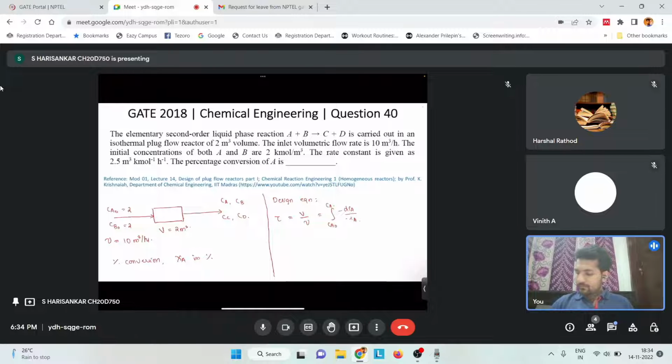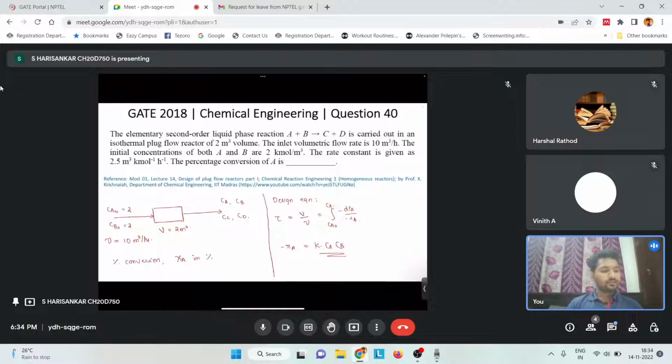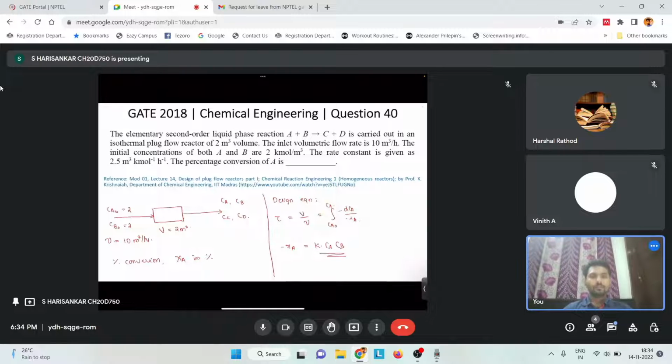Here minus RA will be K CA CB, because in the question it is given that the reaction is a second order elementary liquid phase reaction.